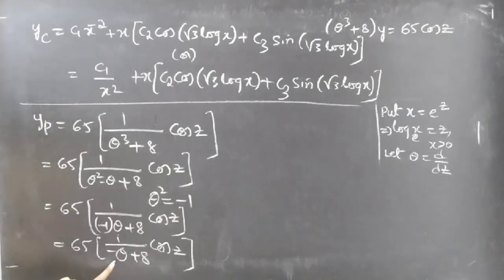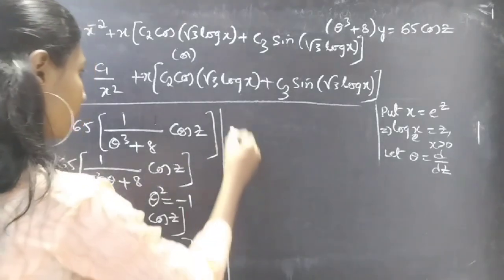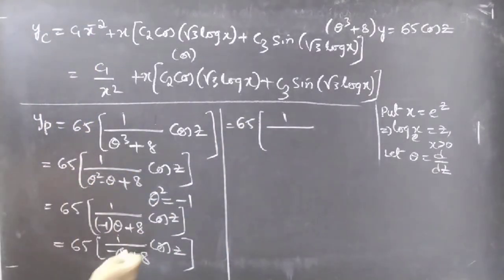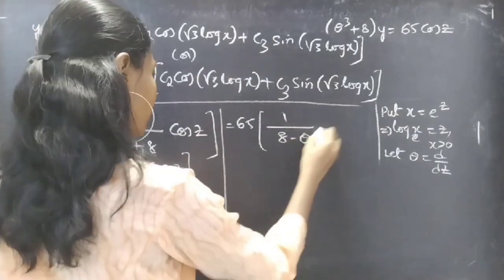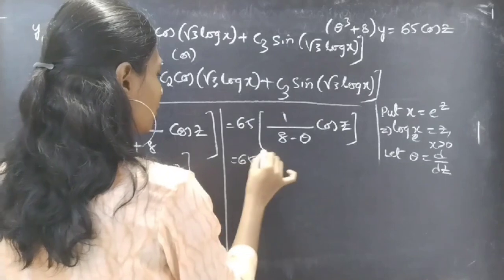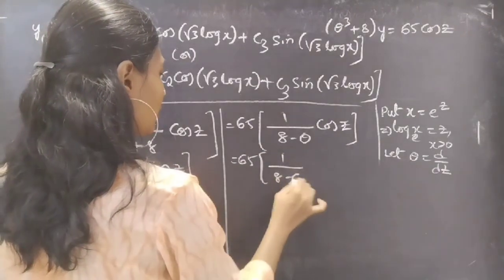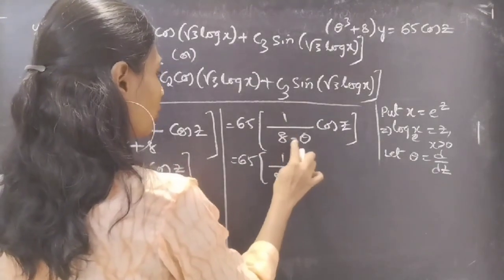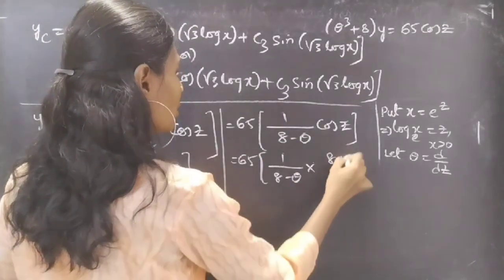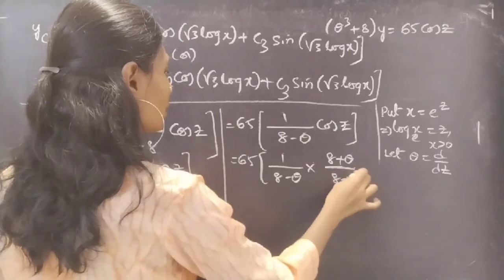Fine. Now we can write this as 65 into 1 by 8 minus theta into cos z. See, in the denominator we have minus theta, right? Just replace it with plus, then we get 8 plus theta. Now multiply and divide this fraction by 8 plus theta.